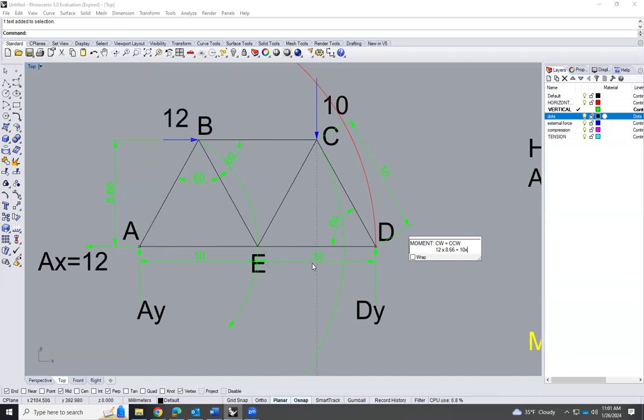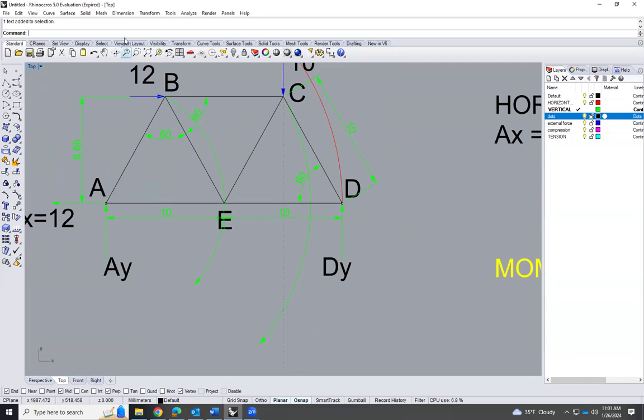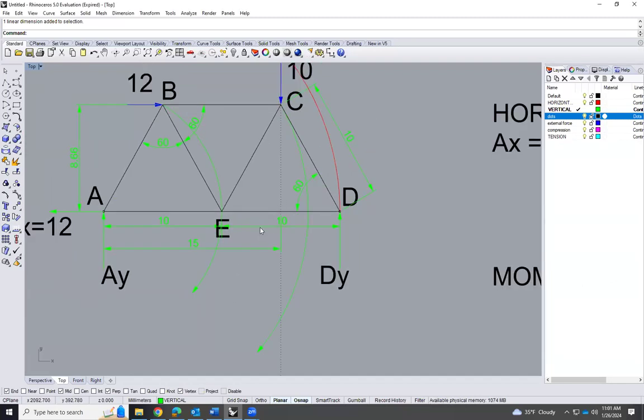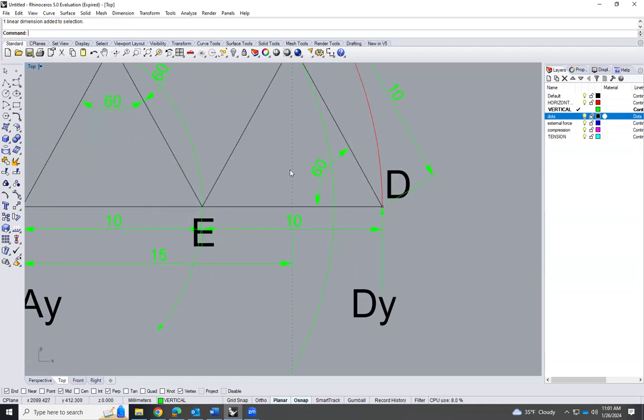So in this case, if we measure this, this is 15. Or the other way to do that, we know that this is 10. So if we divide this by half, this distance would be 5.